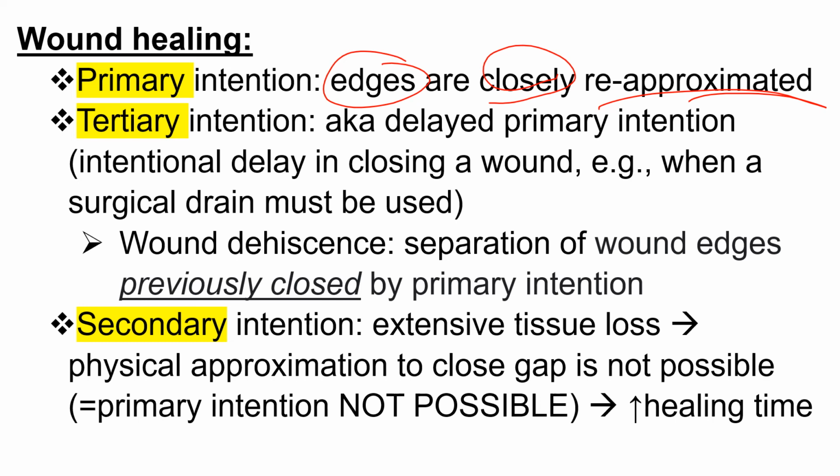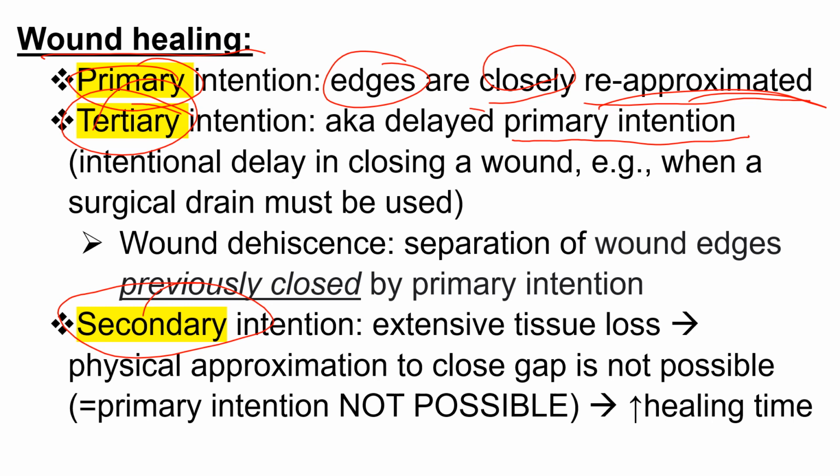Similar, so there are three ways of wound healing. One is primary, one is secondary, and the third one is tertiary. Primary is obviously where you just closely reapproximate the wound edges, and primary and tertiary are very closely related.